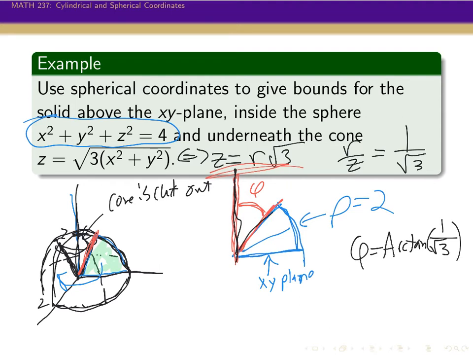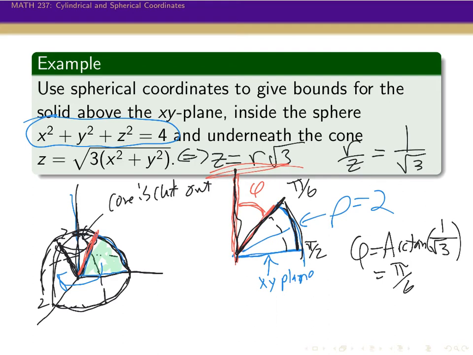And so this angle phi right here where it's starting is at pi over 6. And then phi is going down until we hit the xy plane, and the xy plane is at pi over 2.